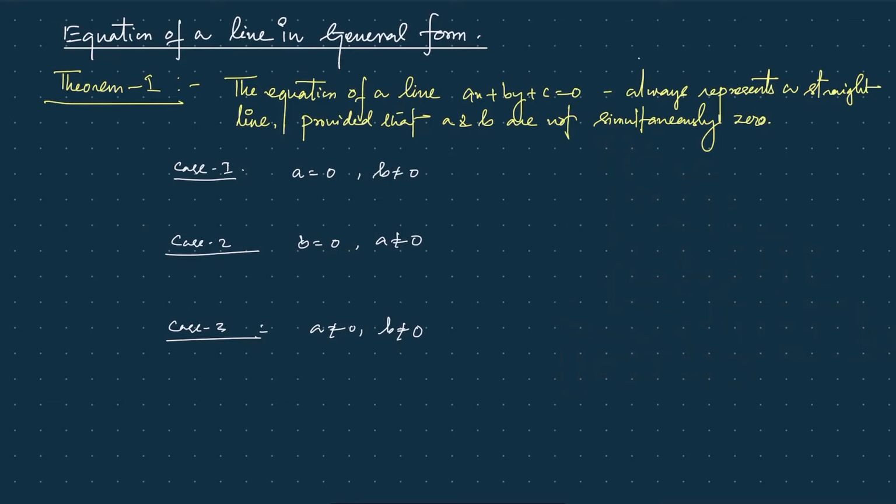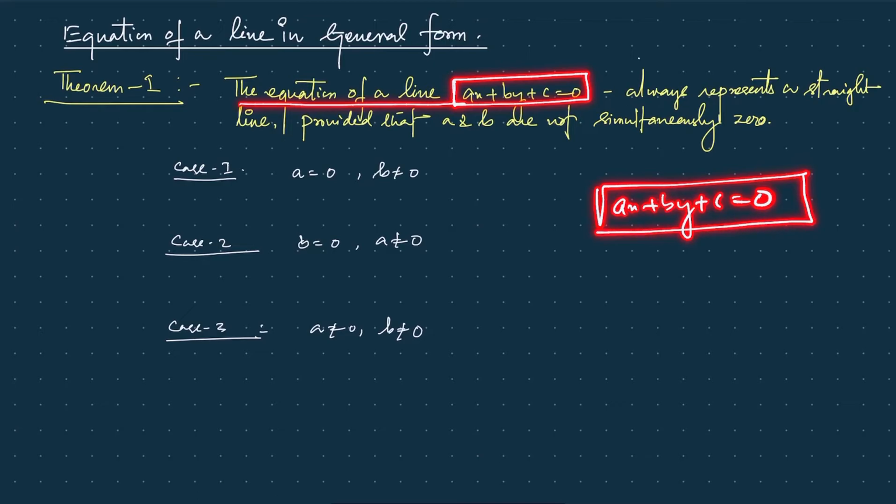But in this class we are going to look at the equation of a line in the general form. You can see here the equation of a line will be like this. This is the general form: ax plus by plus c equal to 0. What we studied in the previous classes are special cases, where something is given to us and we find the equation of the straight line.